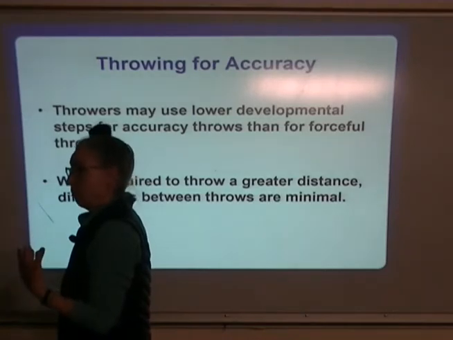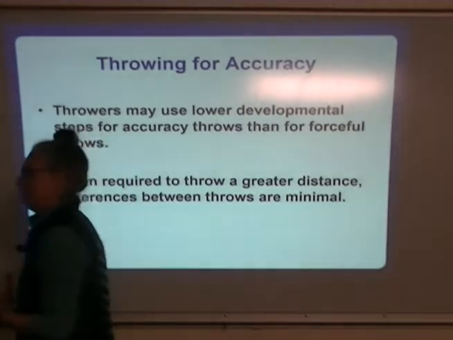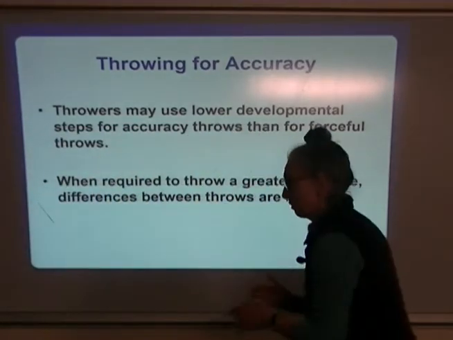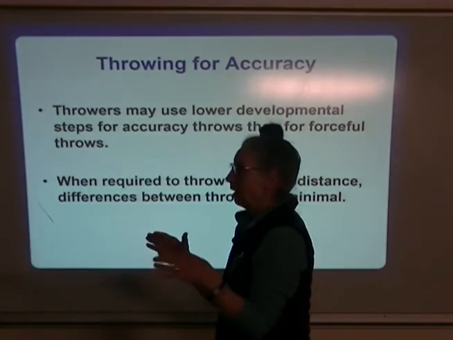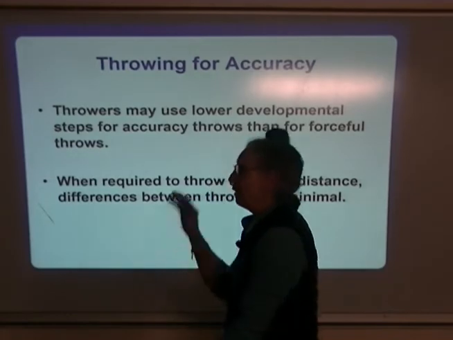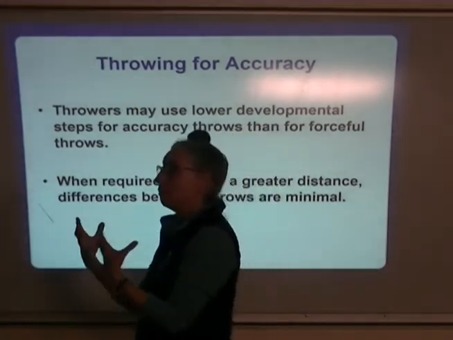But then what happens when I watch them is they move right up to the target so that they can't miss, which means I get this, which isn't what I want, right? So I spend a lot of time trying to get them to back up and throw as hard as they can and not worry about whether they hit the number. But by the time they're 5, they don't care what I say. They want to hit the number, right? So it can be problematical.